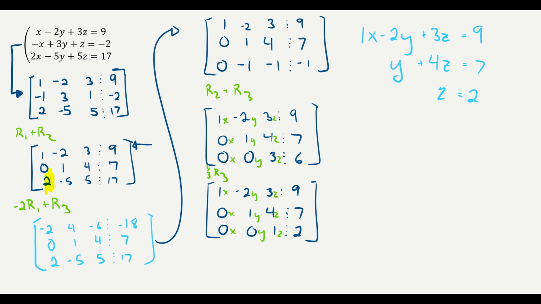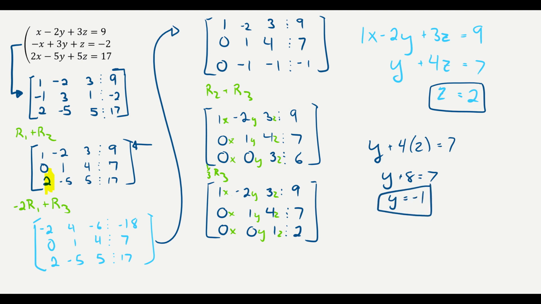All right, so now to solve this, I know that z is equal to 2. And then I can go y plus 4 times 2 equals 7, giving me y plus 8 is equal to 7, so y is equal to -1. And lastly, to go back up to the top and substitute in both known variables, z is equal to 2.